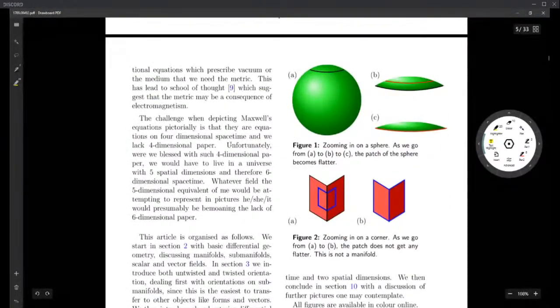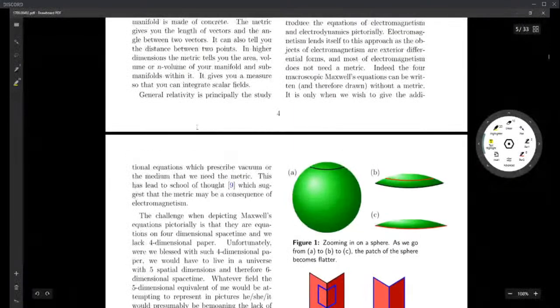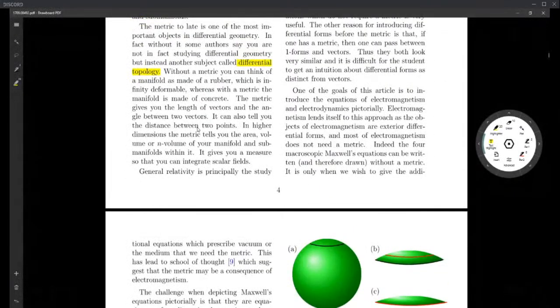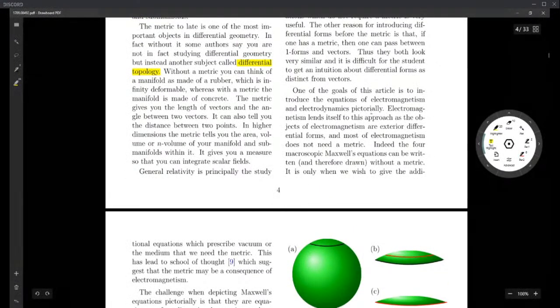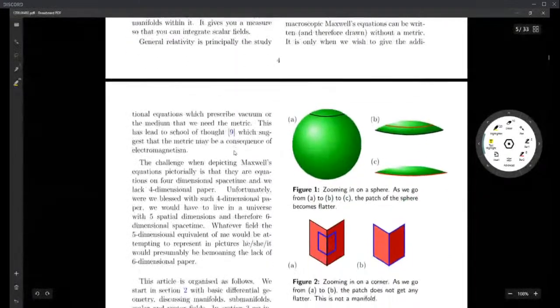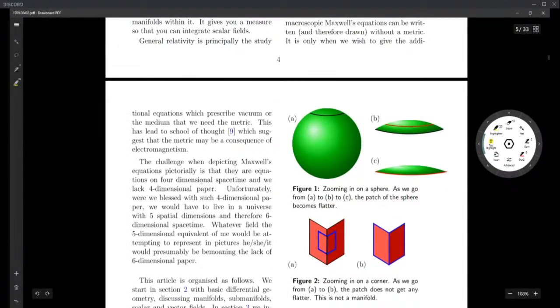And we can also depict Maxwell equations with this, and pictorially represent electromagnetism and electrodynamics. But the problem with Maxwell equations right here is mentioned. They are represented on four-dimensional space-time, and we don't have four-dimensional paper, of course. Quite honestly, paper is viewed in a very layman way as two-dimensional, but it actually has three dimensions, but you actually can't represent three dimensions there.